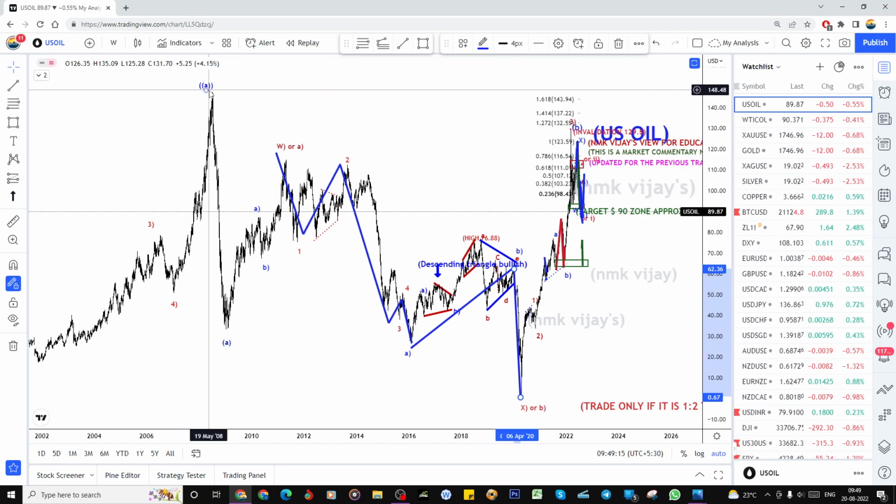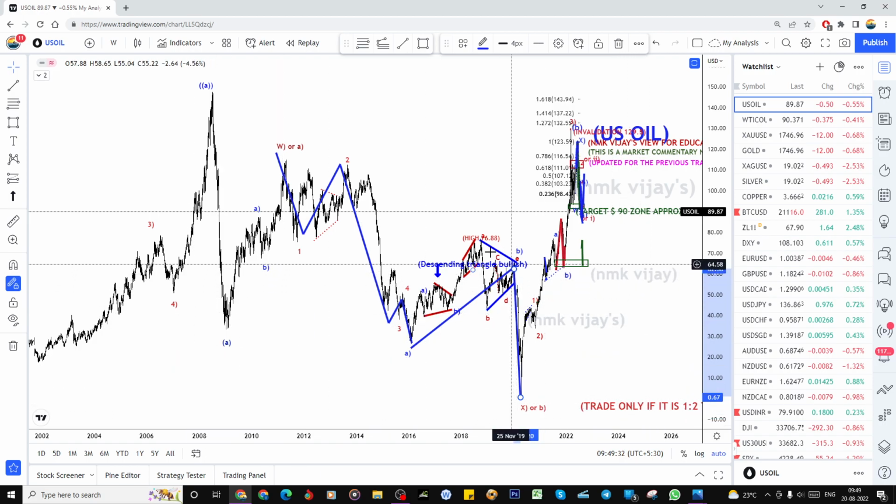But if we keep this as 1, 2, 3, 4, 5, the 5-wave structure got completed. Again A, B, C. What else? Again one more to the downside.